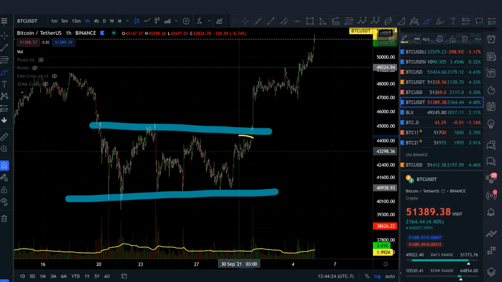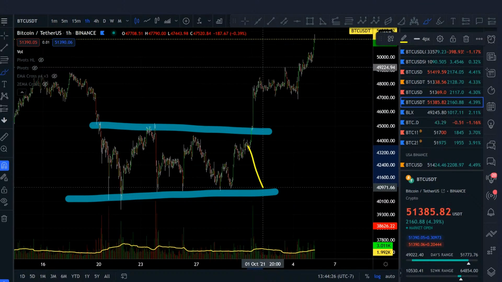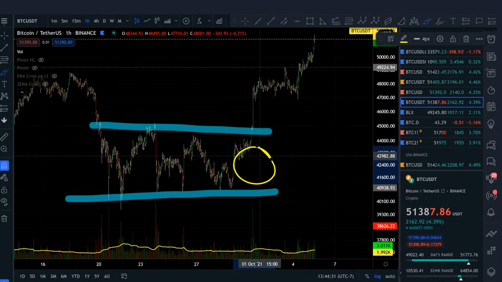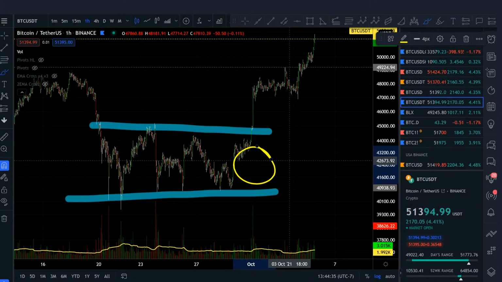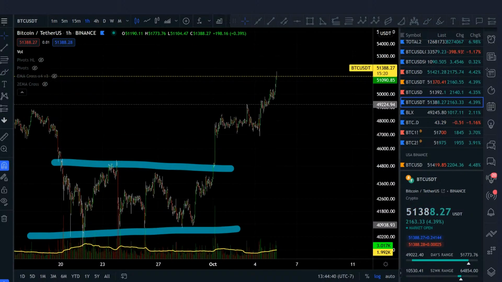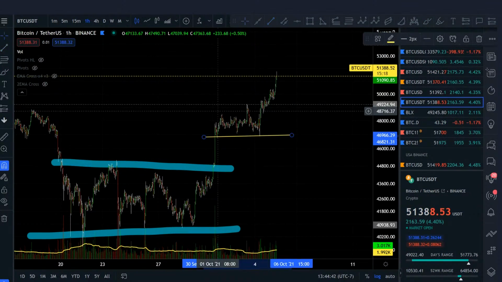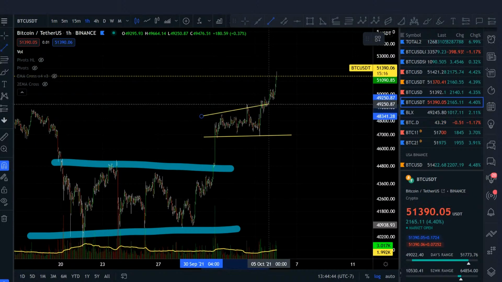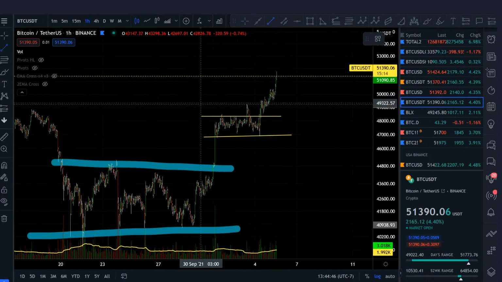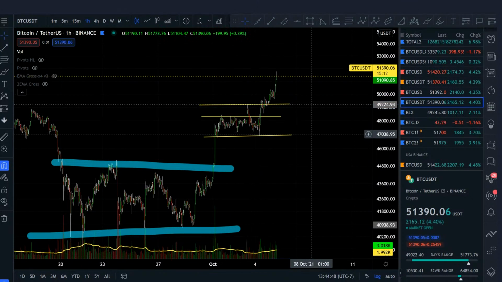So if that did not happen, I was expecting maybe another halfway pullback or another pullback down, and anywhere in this zone would be okay to buy, if somebody is an aggressive bull or a swing trader. So now where are we? We had these 2 resistance levels on the top like this and support on the bottom.